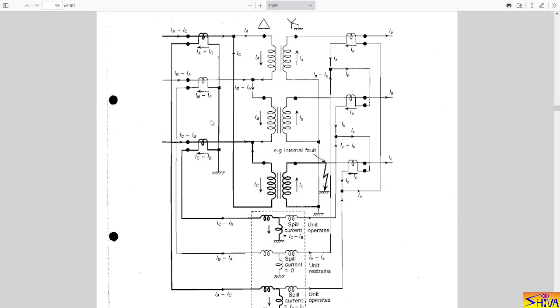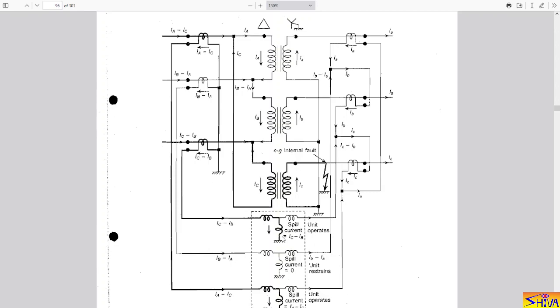So first I will explain in brief this type of connection, that is percentage differential protection of the transformer. This is delta star connected transformer. On delta side we are connecting CT in star, on star side we are connecting CT in delta. Now these are the pilot wires. This is differential relay, percentage differential relay. This is restraining coil.